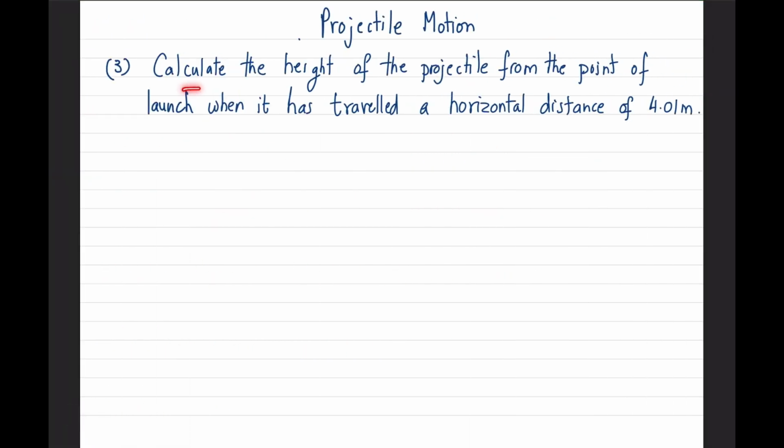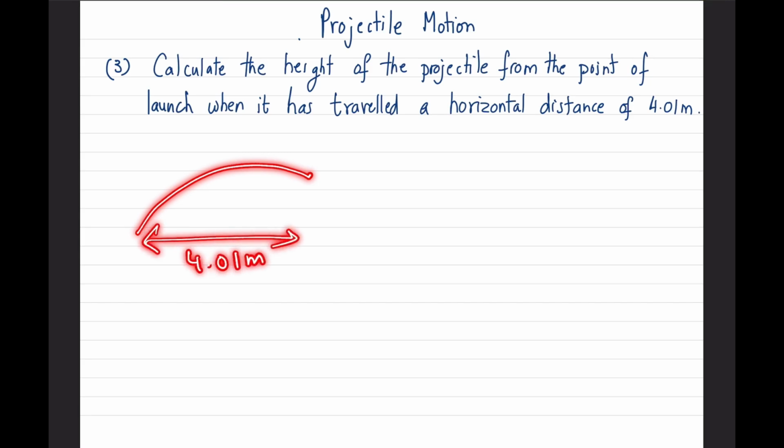Next, we want to find the height of the projectile from the point of launch where it has traveled a horizontal distance of 4.01 meter. So as the projectile travels, when it has traveled a distance of 4.01 meter, what will be its height?